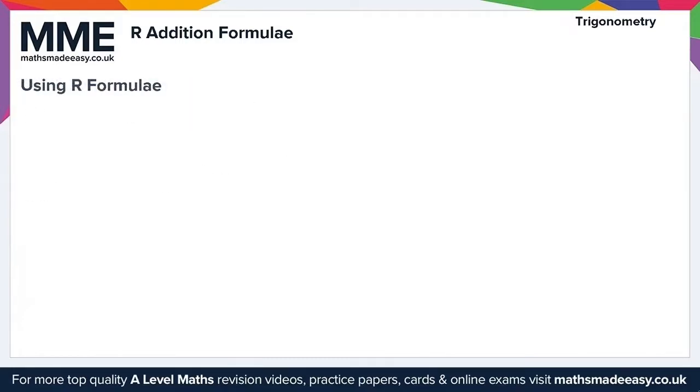Let's take a look now at using R formulae. Now let's just say we have a general expression. Let's say we've got A sine theta plus or minus B cos theta.